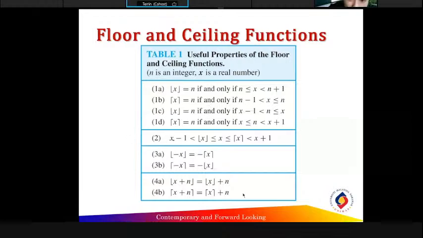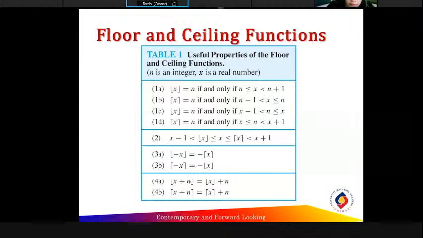The floor of negative x is the same as finding the ceiling of x when it's positive, and then you negate it. Likewise, the ceiling of negative x is the same as first finding the floor value of x and then you negate it.